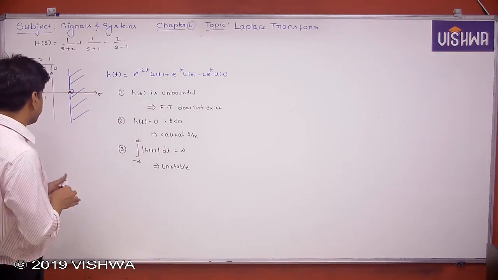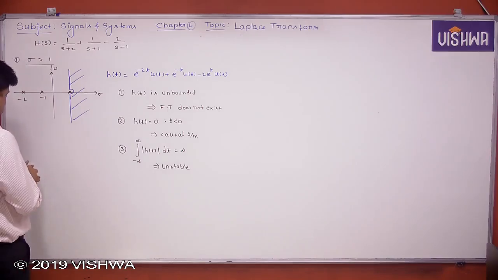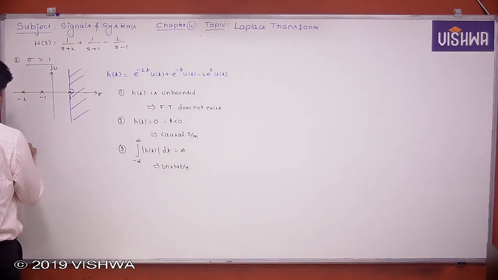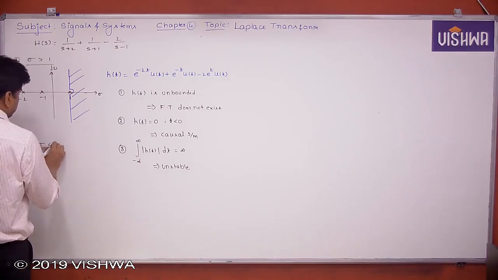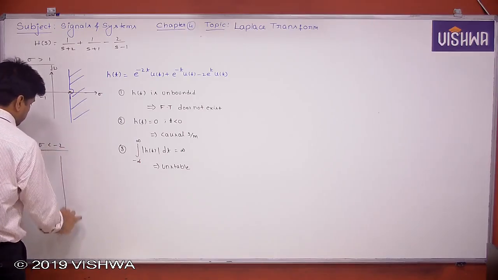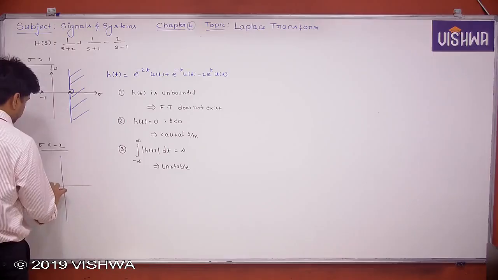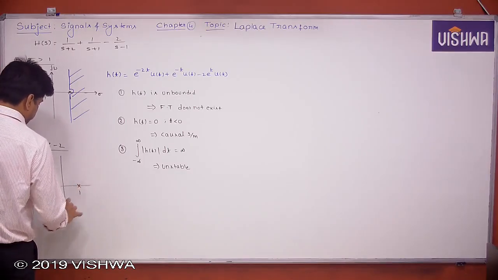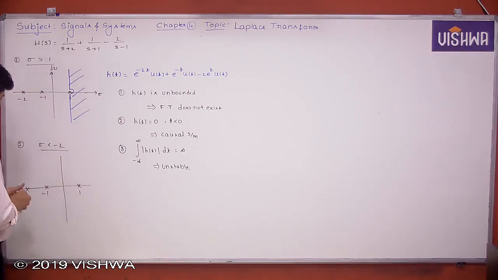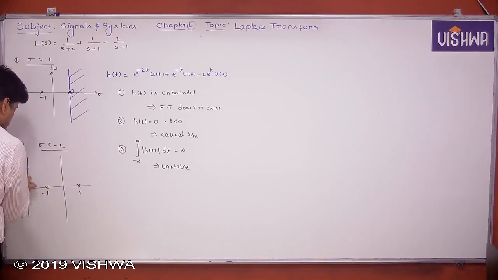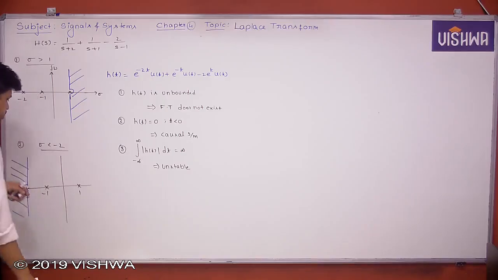Next, second case, sigma less than -2. I am not going to write every time this kind of thing, you can understand one by one. Sigma less than -2: for every signal we have to write a left-sided signal, because for -2 it is left side ROC, -1 left side ROC, and +1 is also left side ROC.